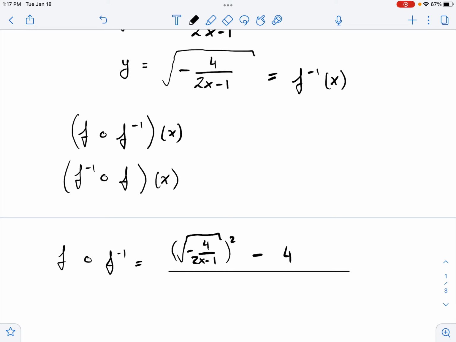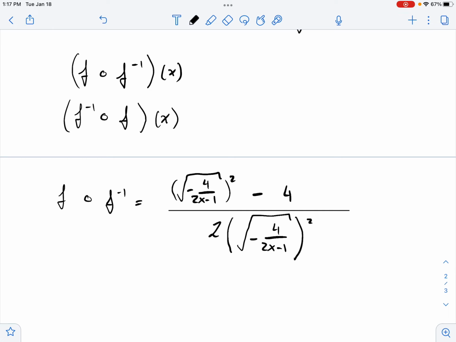All right, so I'm putting in f inverse in for x, all over 2x squared, which is 2 times blank squared, and inside that blank I put f inverse, so that is the square root of negative 4 over 2x minus 1.